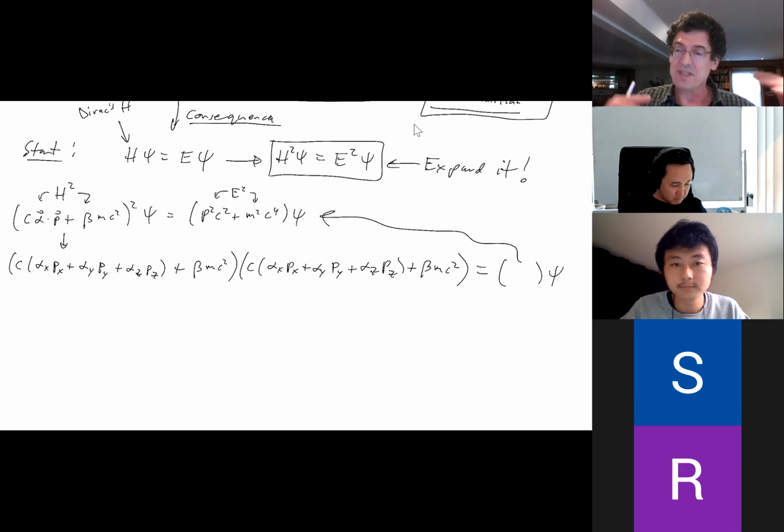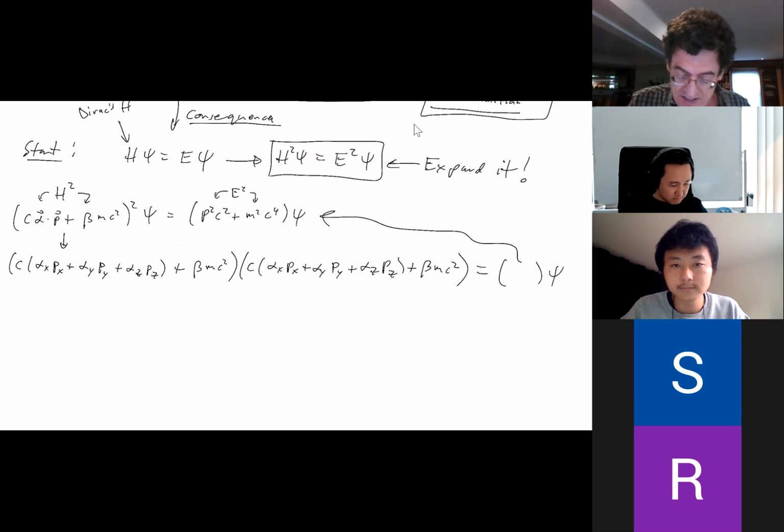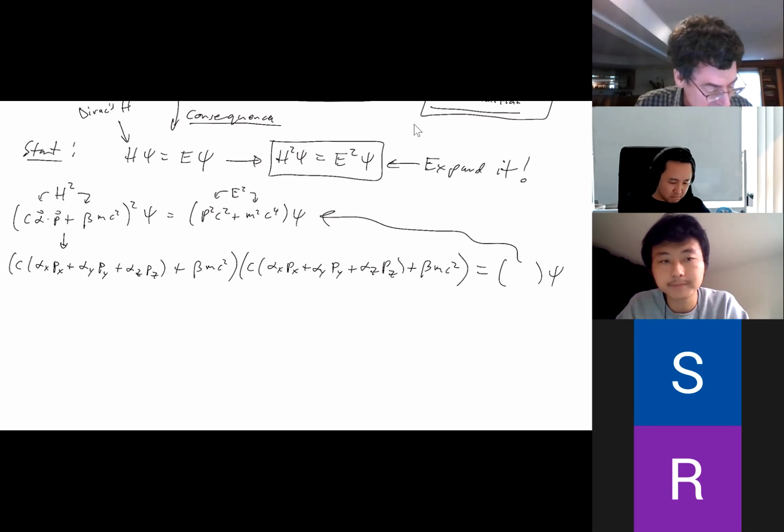And this is what Dirac did. He just went through the math. He just kept going without making any assumptions about what alpha and beta are. The whole point is that what we're trying to figure out is what is alpha and what is beta. That is the whole point of this exercise. And we will come to a conclusion. But it's messy. So now we got to multiply this, and you can see how there's 4 times 4, there's going to be 16 terms now.